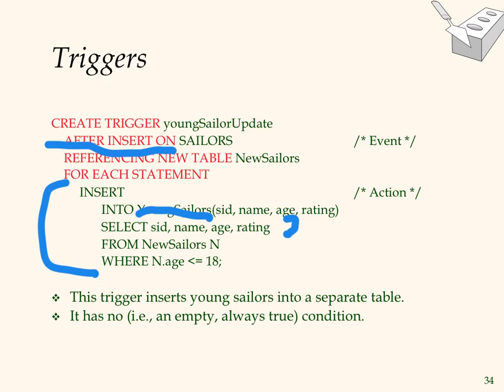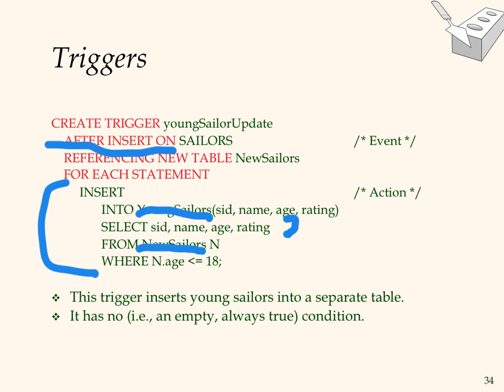So the new sailors here are the new ones that have been added. And it has a filtering condition that says, only insert the new sailors that are less than 18.